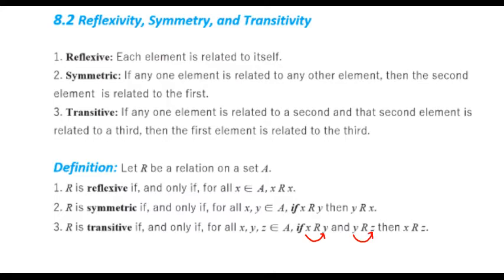If we have these two relations, then we should have a relation from x to z. That's called the property of transitivity for a given relation R on set A. So basically it means that if any one element is related to a second and that second element is related to a third, then the first element is related to the third. That's called the transitivity property of a relation.